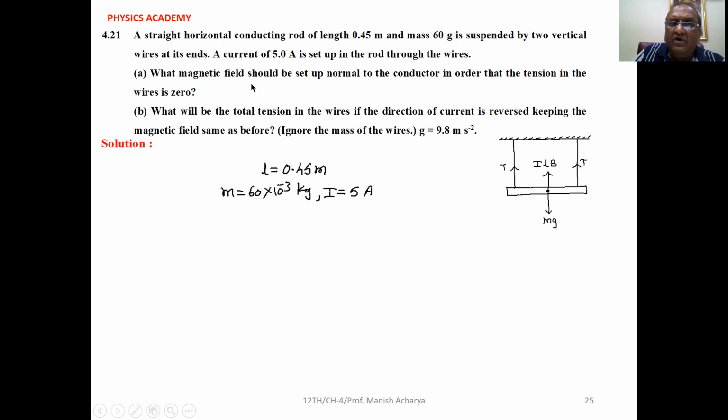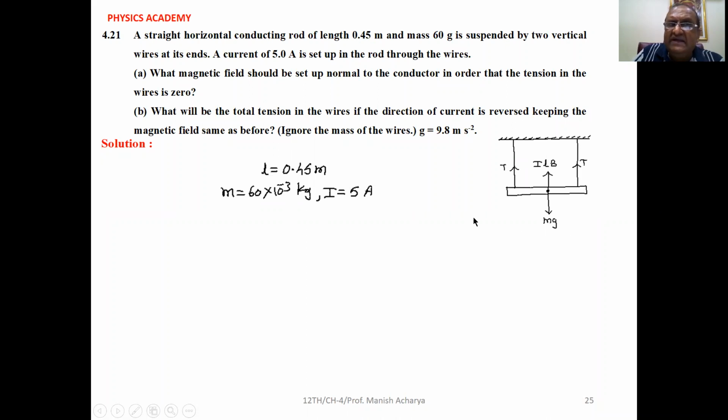Now, what magnetic field should be set up normal to the conductor in order that the tension in the wires is zero? Now, if the weight of the rod becomes zero, then tension in the wire will be zero.